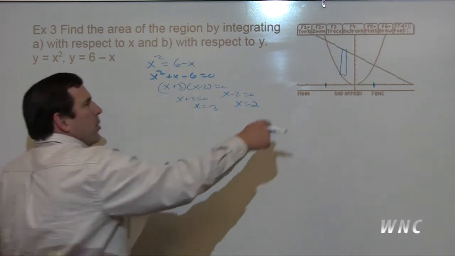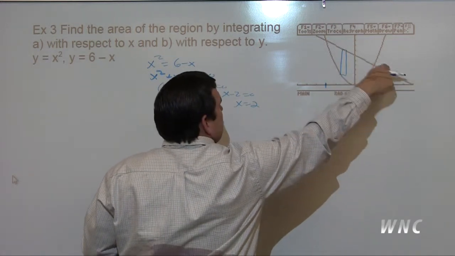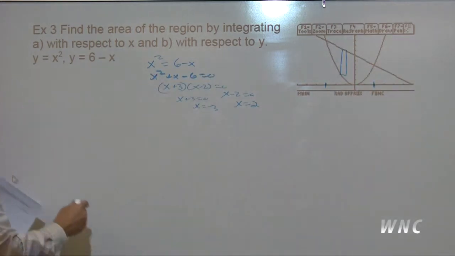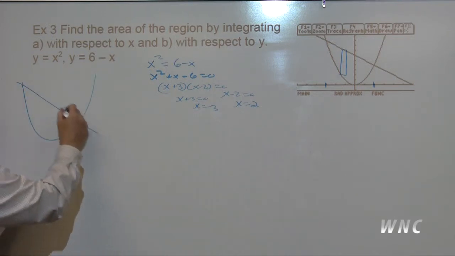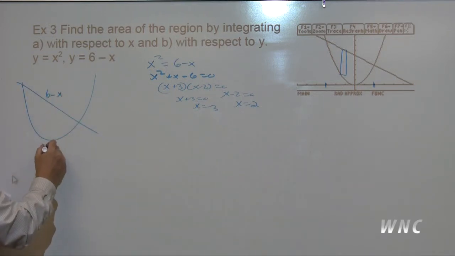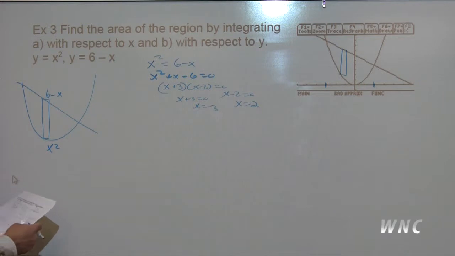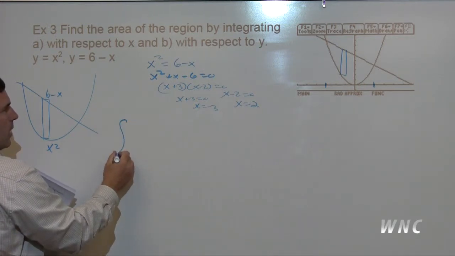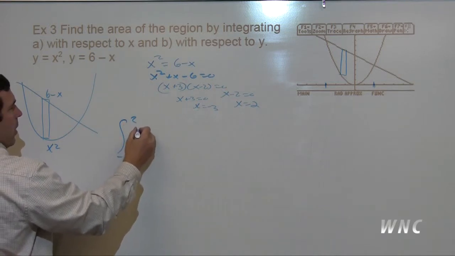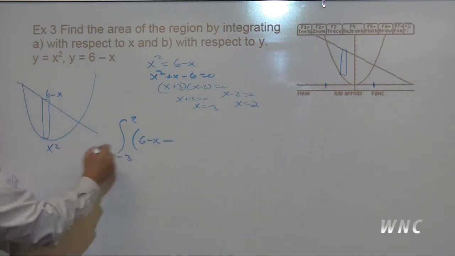Now, our upper curve is the line 6 minus x. So we're looking at the area, or the integral from negative 3 to 2 of our upper curve, 6 minus x, minus the lower curve, which is x squared.